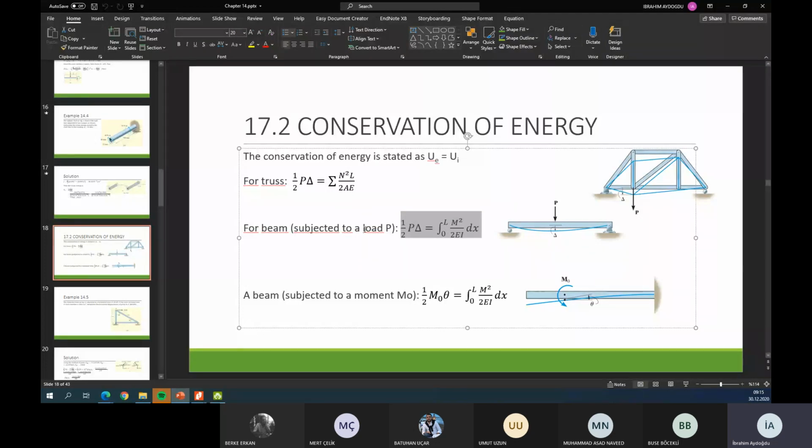For moment, bending energy, we are using this formulation. I didn't prefer to write for the shear and the torsion. Similarly, we can use it to find the torsional effects and shear effects.